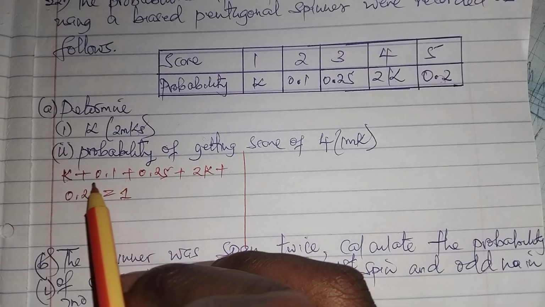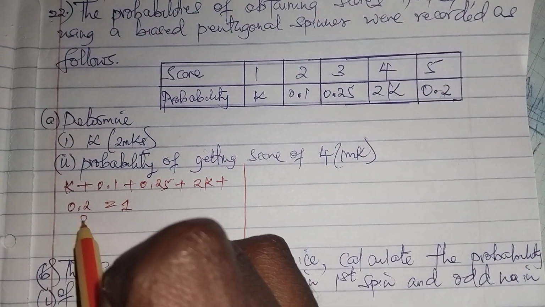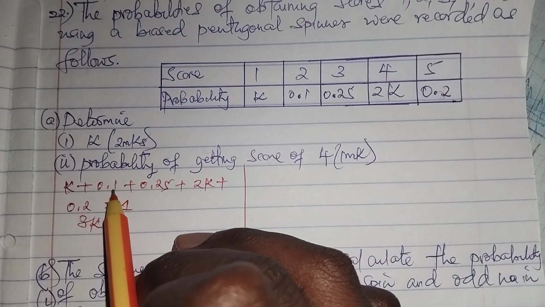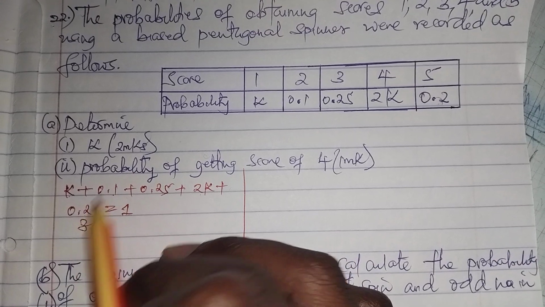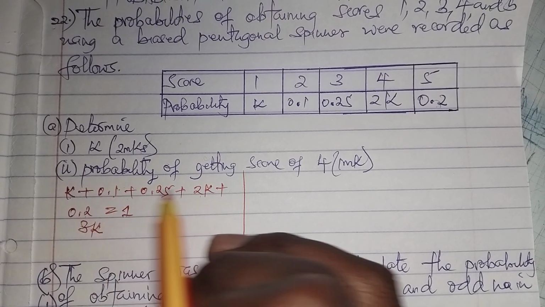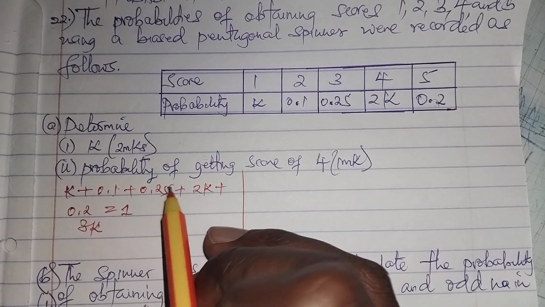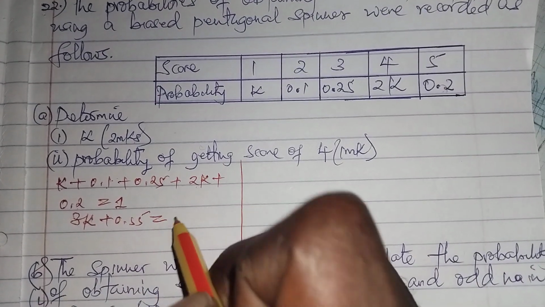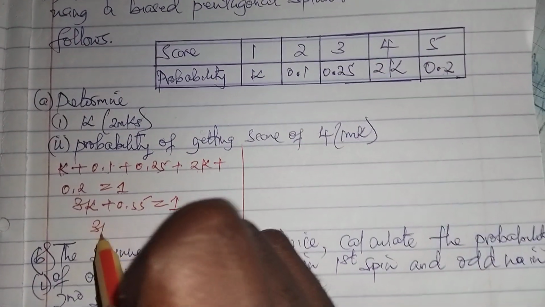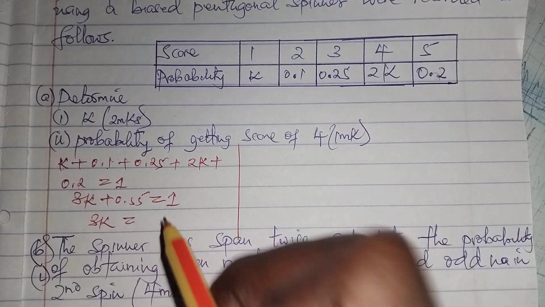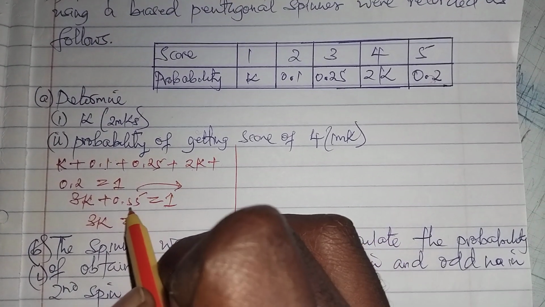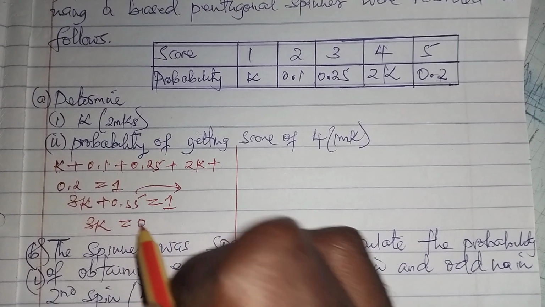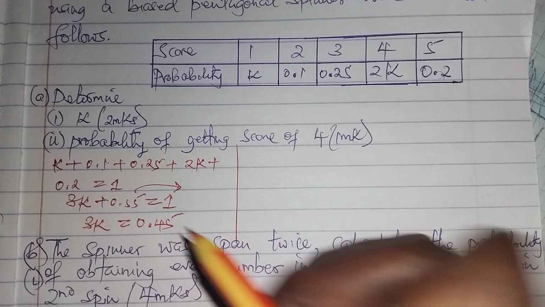So you can collect the like terms, K and 2K, we'll have 3K. Then 0.1 plus 0.2, this is 0.3, 0.3 plus 0.25, we'll get 0.55 equals to 1. So 3K will be equal to, taking this to the other side, 1 minus 0.55, we'll get 0.45.